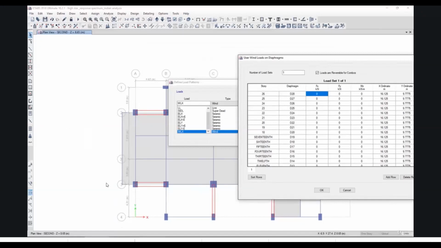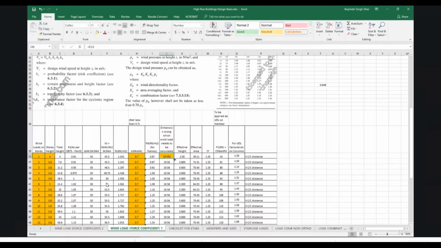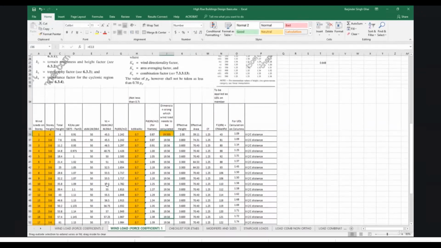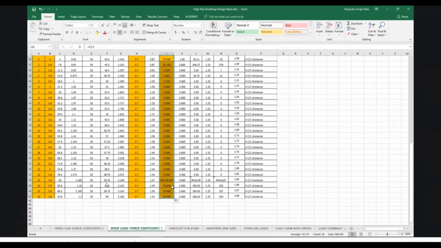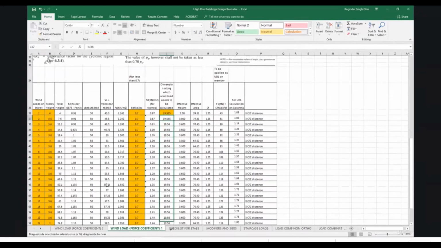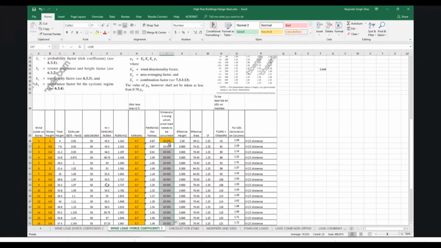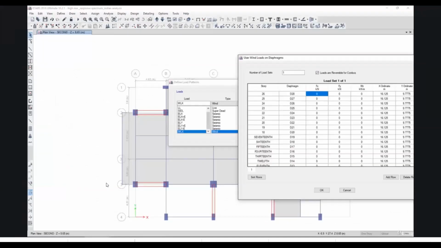So right now we are considering 19.555 meter, so right now we are considering wind load along 19.555 meter, that is the shorter dimension, and that is on this face.